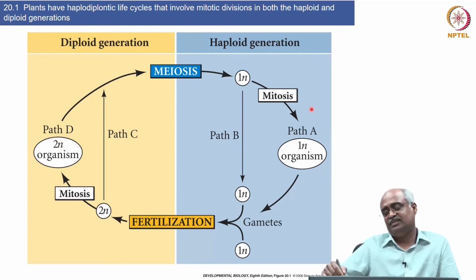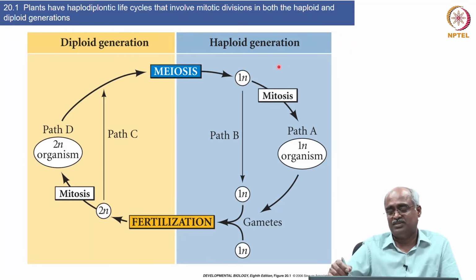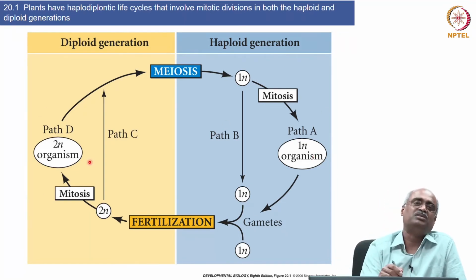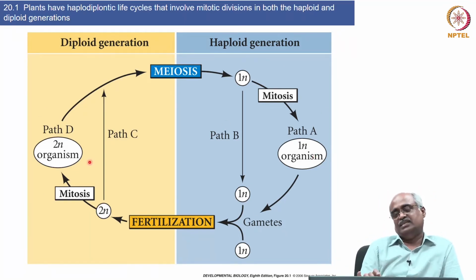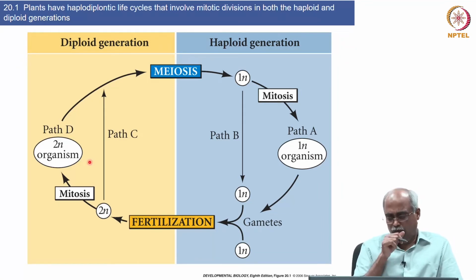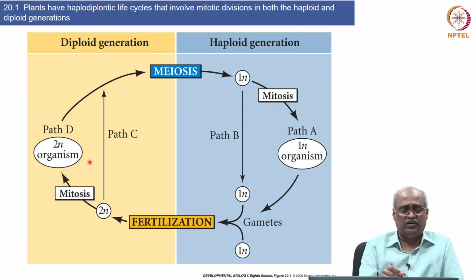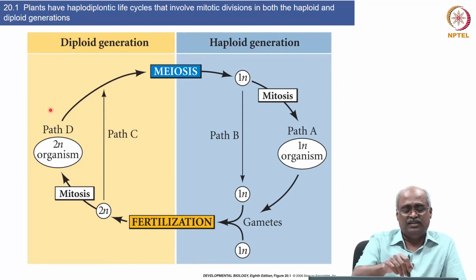And to extend this argument further, in some organisms this may be the dominant one and this may be shorter. So these variations all exist in plants. I am sure you will not need me to show an example for this being dominant.